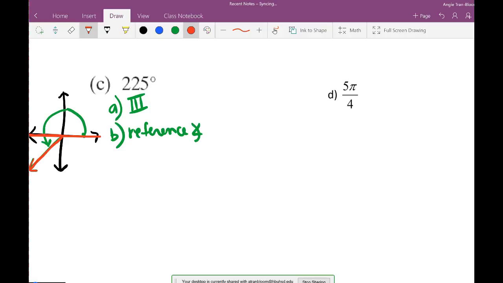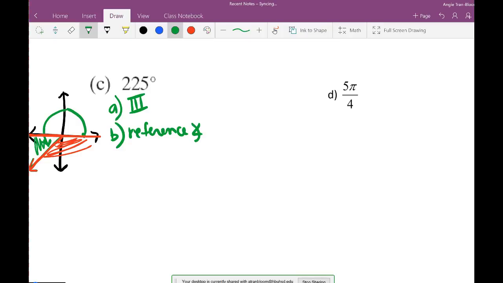Can you see those red lines? So which side is the reference angle, this side in red, or this side in green? Which one will give you a smaller angle, less than or equal to 90? The green or the red? The green. Okay, so that's how we find the reference angle always.